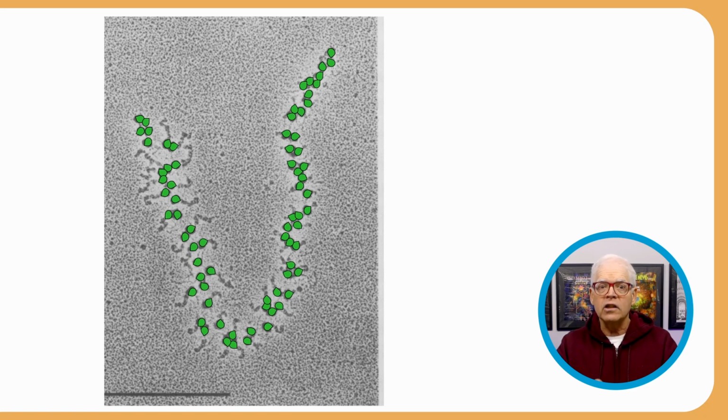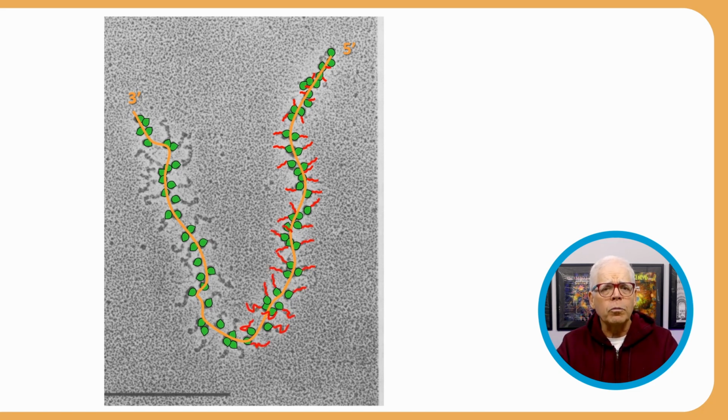The mRNA is very thin and it doesn't stain well, so I'll draw in an orange line and label the beginning of the mRNA, the 5' end, and the end of the mRNA, the 3' end. As the ribosomes are moving along the mRNA, they are producing the growing protein chains that get longer and longer as the ribosomes travel from the 5' to the 3' end.